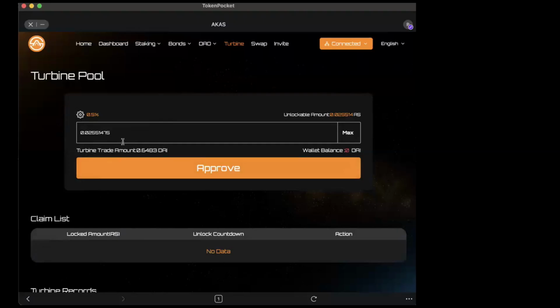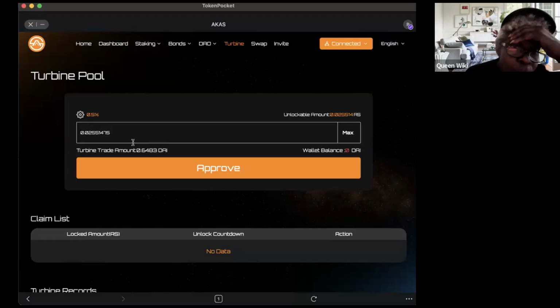The 0.025 is what's coming out, but we need to pair it with 0.6483 in our wallet. Once it's approved, what is in our wallet? AS token. Only our DAI disappears. Yes, it will be swapped to AS token.